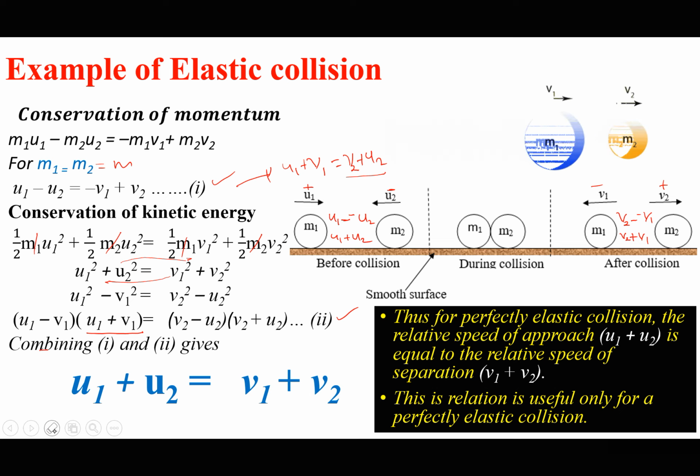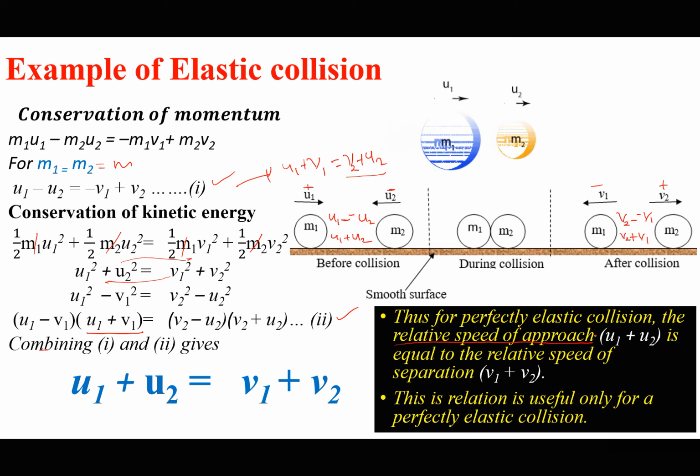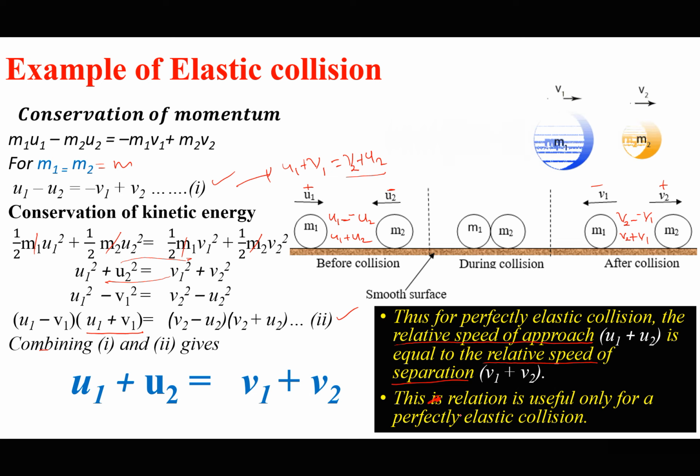We say that the relative speed of approach, that is the difference between the speeds when the objects are coming together, putting in mind the direction, as opposite direction should be negative, should be equal to the relative speed of separation. This relation is useful only for a perfectly elastic collision.